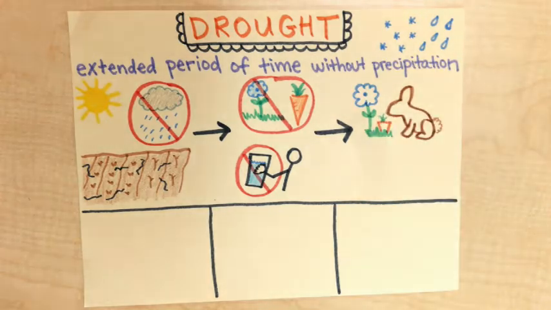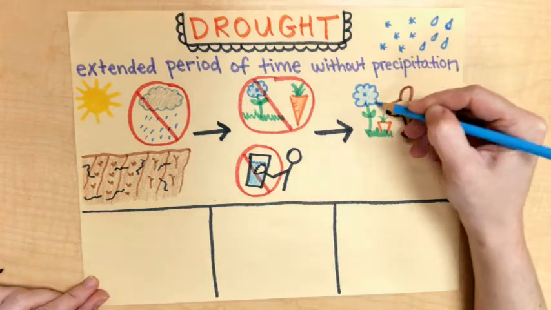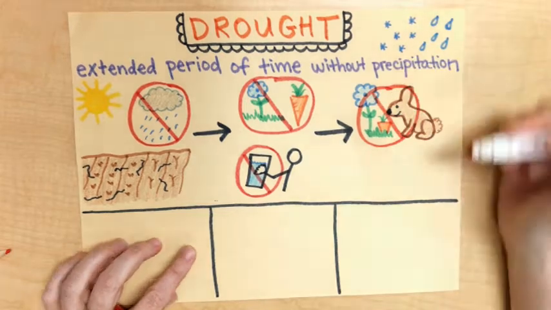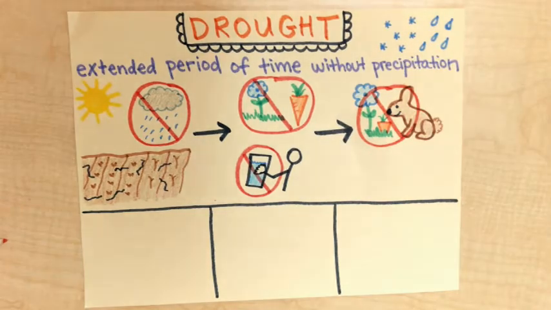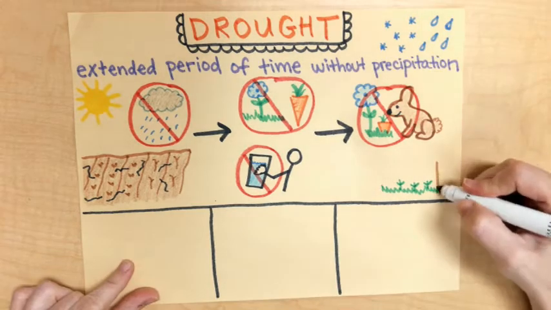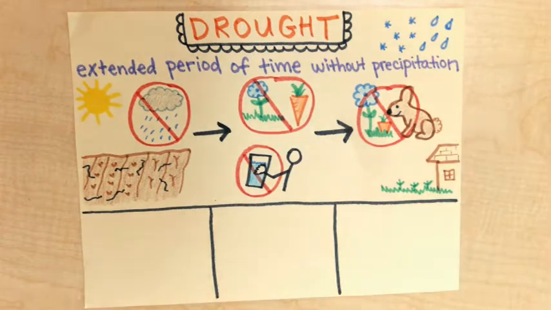So without being able to grow crops, maybe like carrots, tomatoes, lettuce, fruits and vegetables, that means that us as humans and even the animals in our environments, we're not going to have the proper food and nourishment that we need to stay alive.